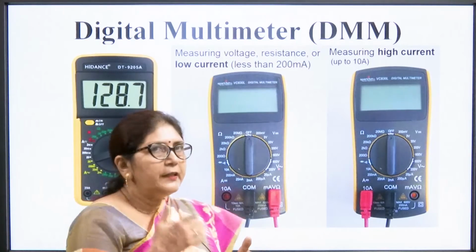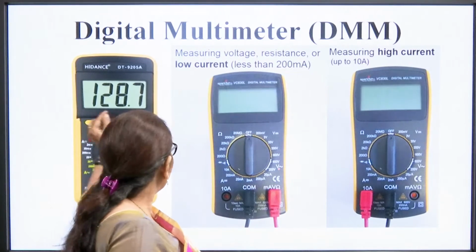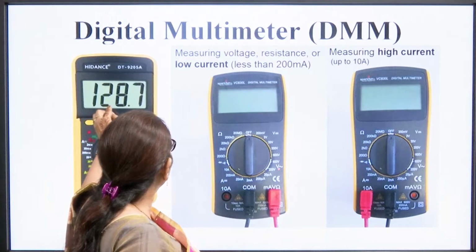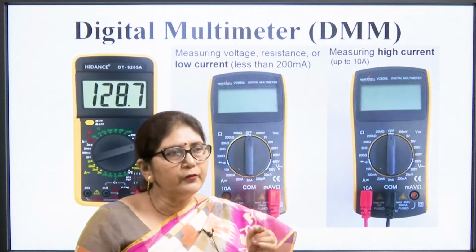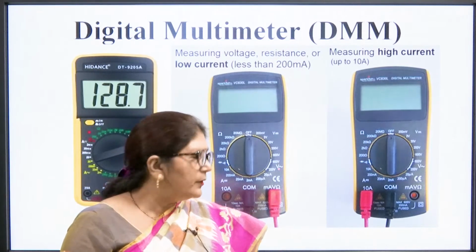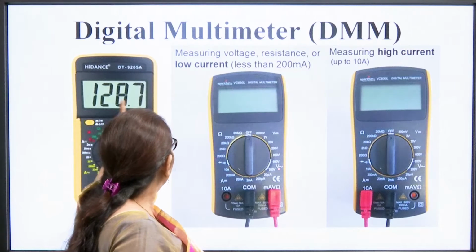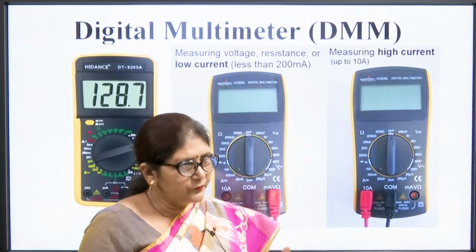It means by this instrument we can measure voltage from 0.001, that is the minimum value of 1 millivolt, and the maximum is 1999. It means 199 volt we can measure by this instrument.